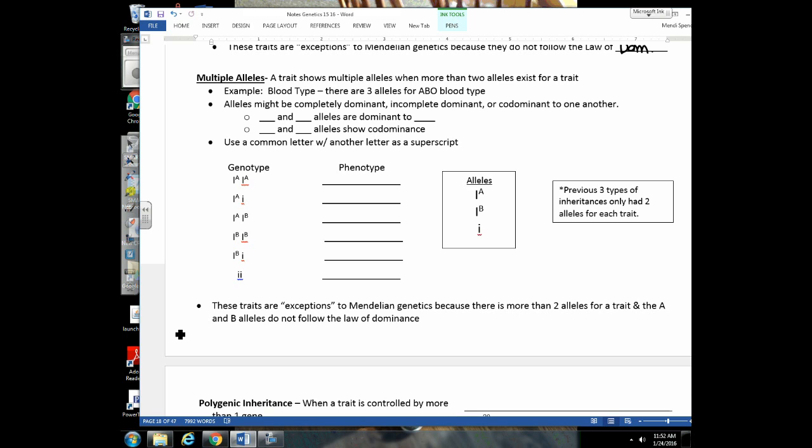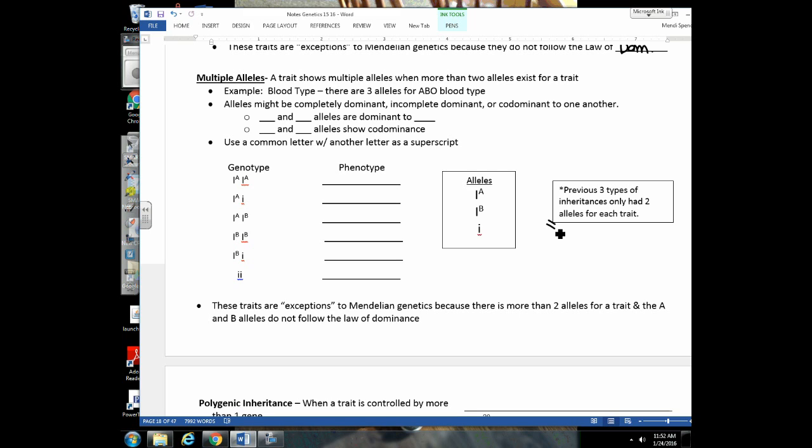So there was normal hemoglobin, abnormal hemoglobin. There was tall, there was short for plant height. There was purple, and there was white. Here's a situation where in our population, there's 3 different alleles. Out of these 3, you still only possess 2, but there's 3 different alleles found in our population.